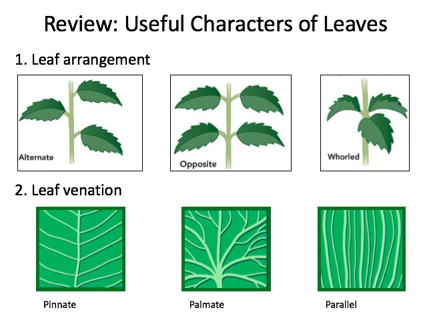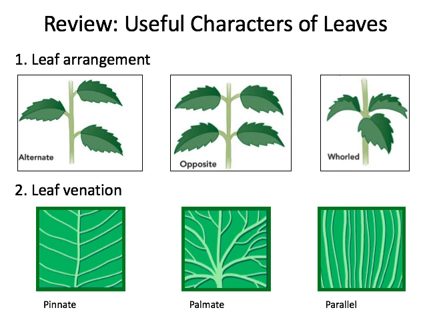The leaf venation refers to the pattern of those leaf veins, which we now know the veins are the vascular bundles. Pinnate, palmate, and parallel are the three leaf vein patterns. In pinnate, we have one central midrib with side veins branching out.